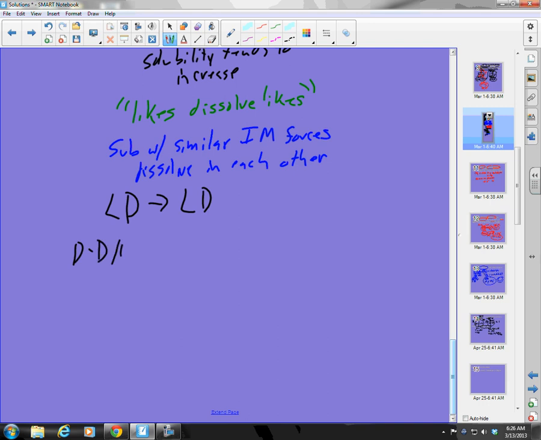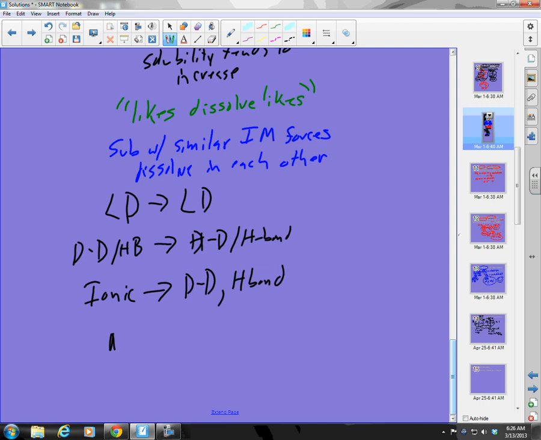Dipole and hydrogen bonding tend to dissolve in things that have dipole or hydrogen bonding. Okay? And one other thing, ionic usually will dissolve in dipole substances or substances that have hydrogen bonding.